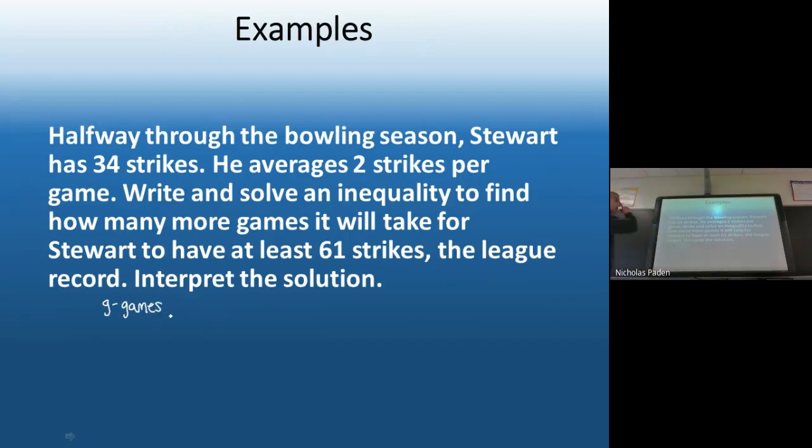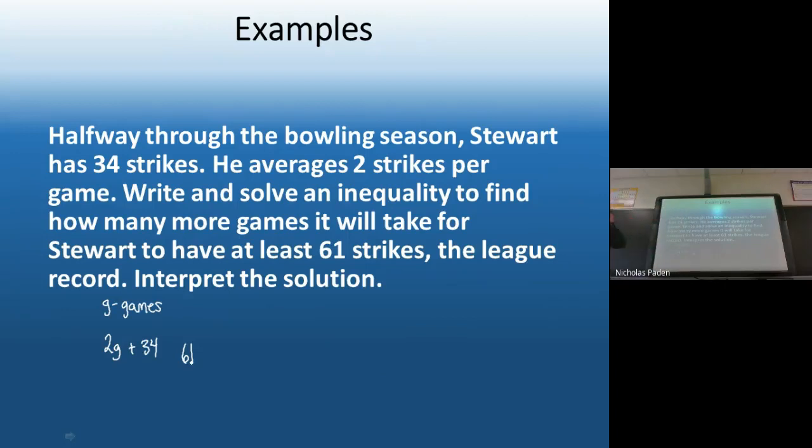What number goes with each game? He averages 2 strikes per game, so 2G. And then we've got 34, and 61 is what he wants to get to. So what are we going to do with 34 if he already has 34 strikes? Well, 2 every game plus the 34 he has, and then we're going to get to 61.